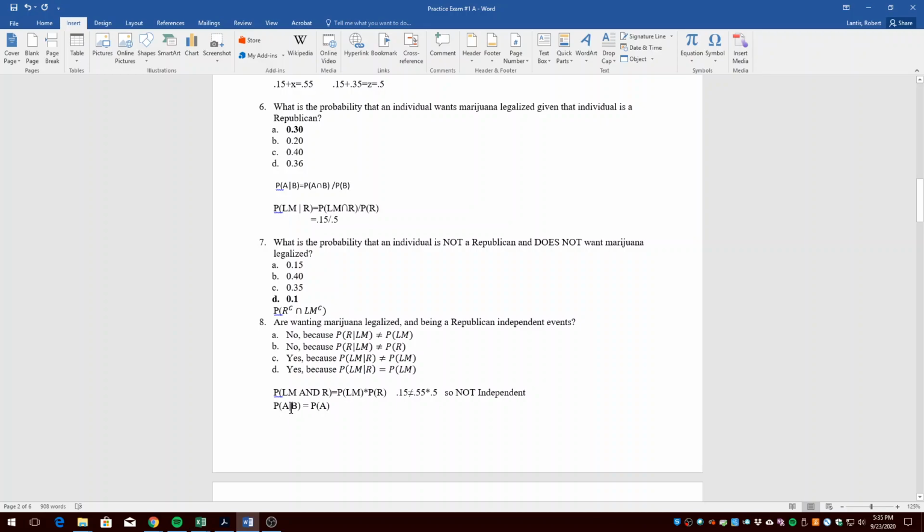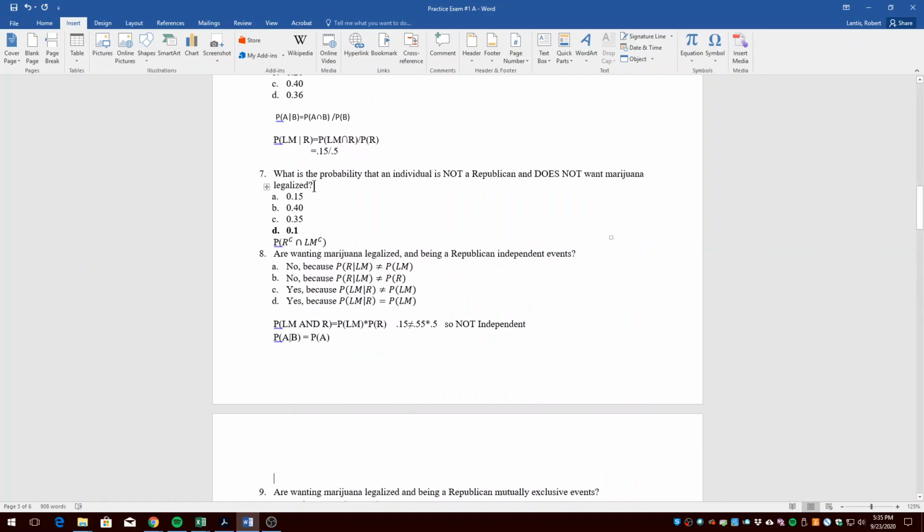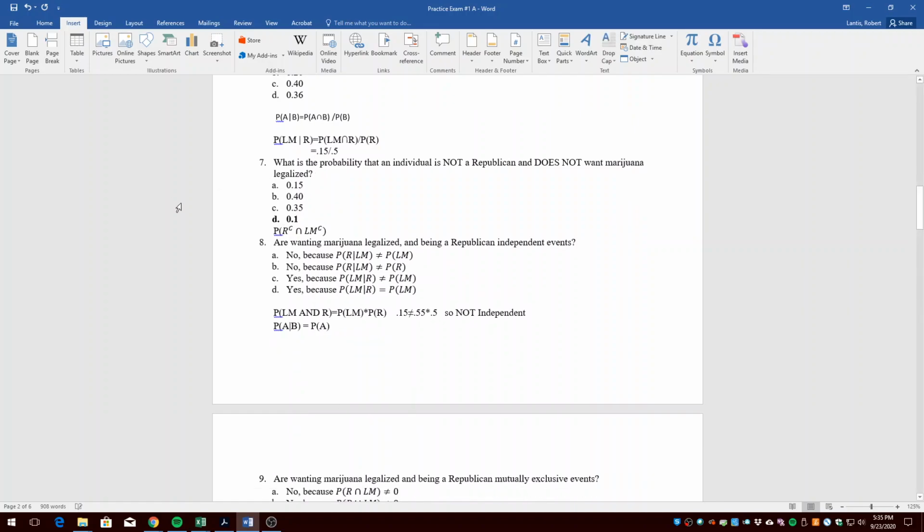Well, we don't have A and B here, we have LM and R. But what we want to make sure it holds is, because we could also have said it this way, let me delete a line here so I can keep this all on the same page. We could have also said if the conditional probability of B is equal to the unconditional probability of B, then those events would be independent as well. It doesn't matter which one of those holds.